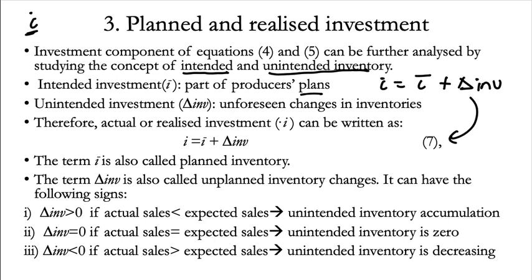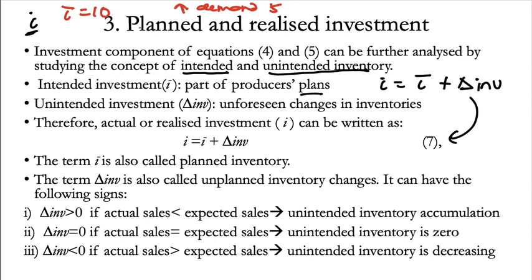I give you one scenario here. Let me use the red pen. Let's say you, as producer of the firm, plan to invest, let's say, equivalent to 10. So you produce a production equivalent to 10 billion, for instance, and then you sell the product in the market. But when you sell the product in the market, it so happens that during that time, demand increases more than what you have by 5, for instance, yeah?